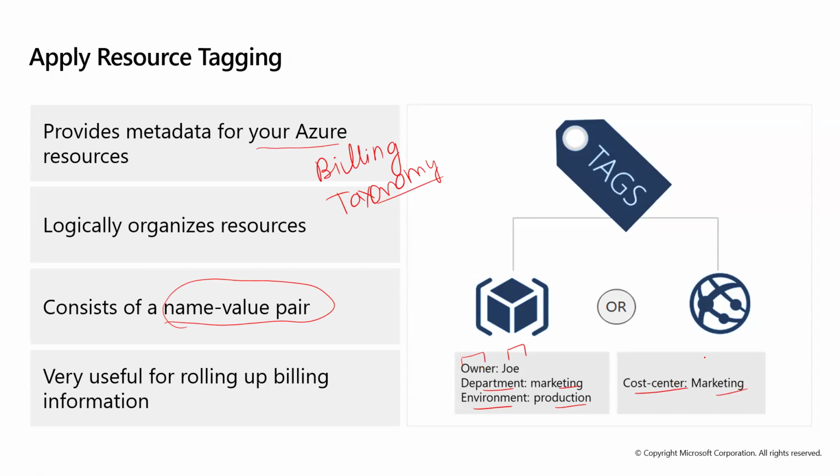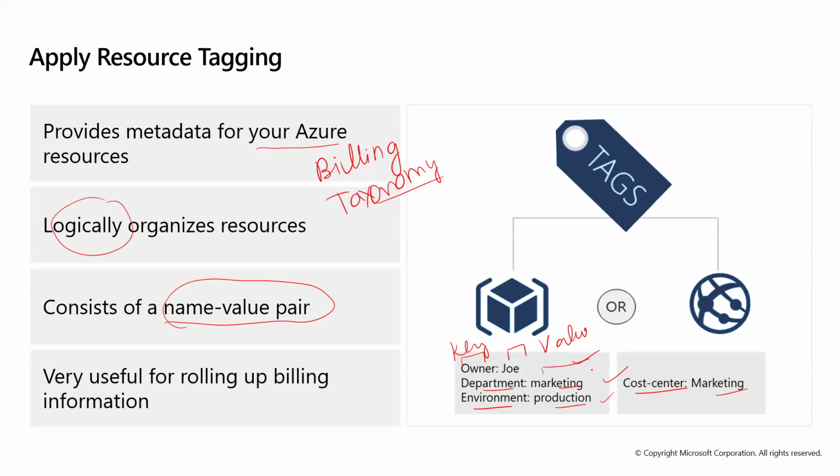This is my key and this is my value. Where it will be helpful is at the time of billing, when you are paying the bills for all the invoices of your subscriptions. So logically you could organize your resources.